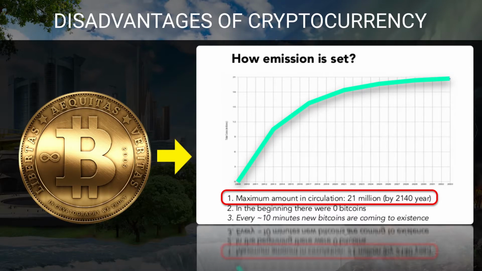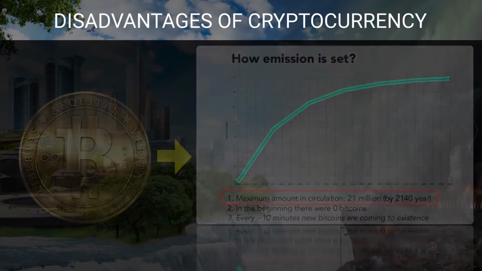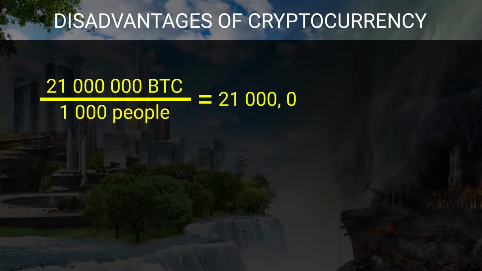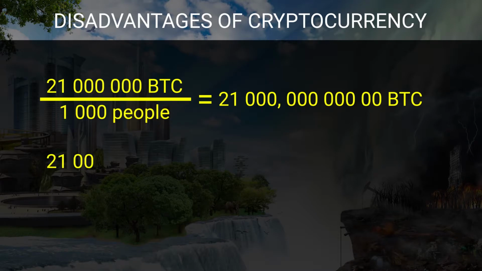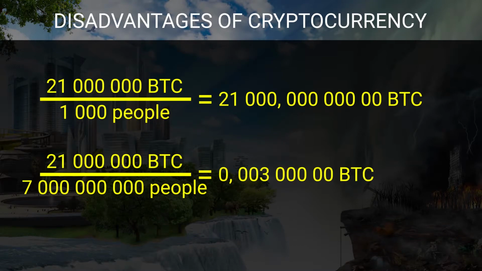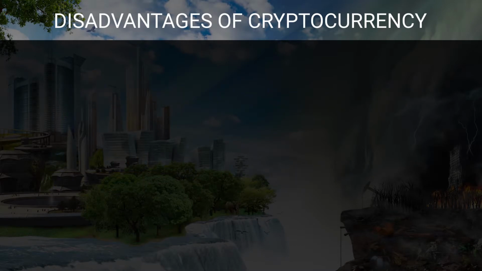By that time, 21 million bitcoins will have been created. The algorithm does not take into account such things as the quantity of members, human passion for accumulation, and forever lost bitcoins because of lost accounts. Due to these causes, an increasing member quantity will create a shortage of assets.